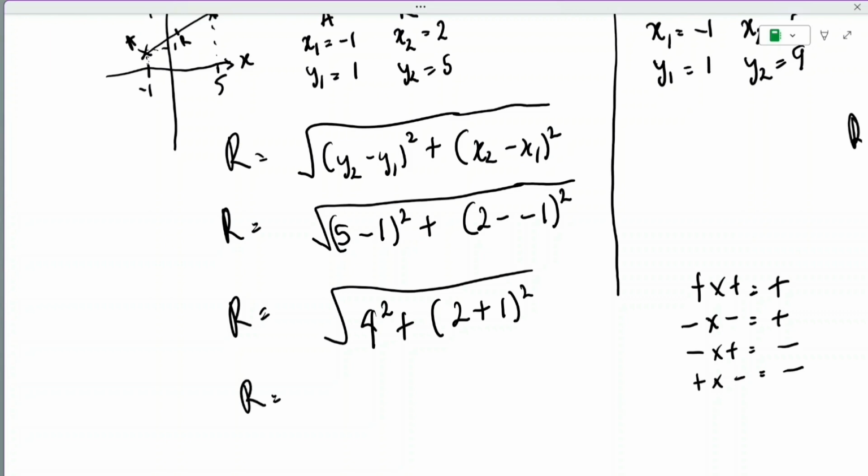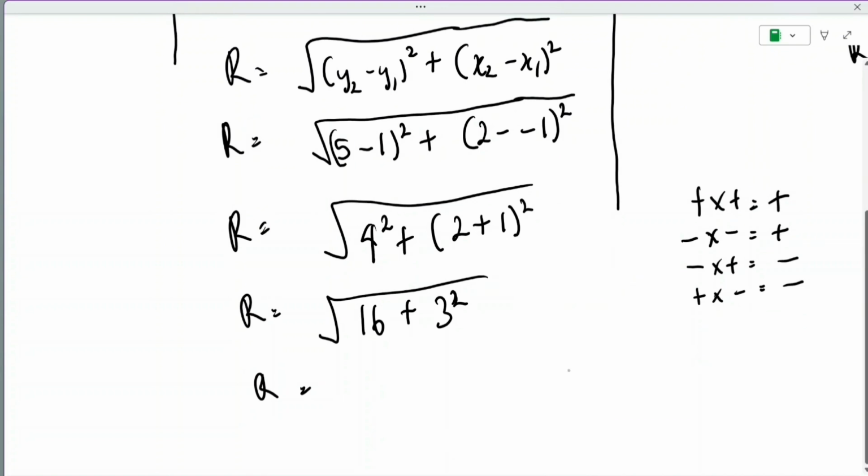R equals square root of 4 square. 4 square is 4 times 4, not 4 times 2. 4 times 4 is 16 plus, in the second bracket, you have 2 plus 1, that's 3 square. R equals square root of 16 plus 3 square, which is 3 times 3, that's 9.